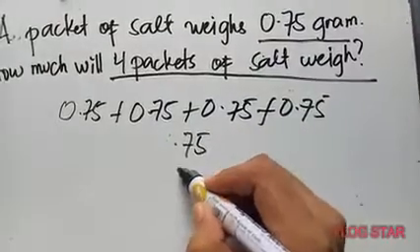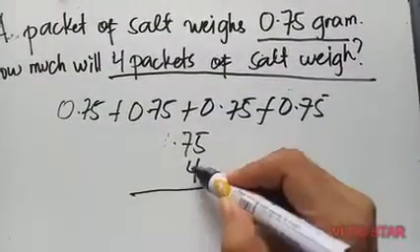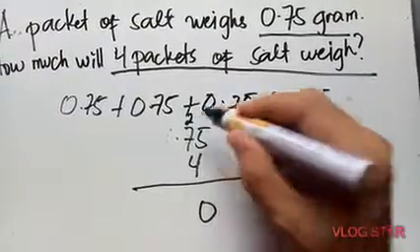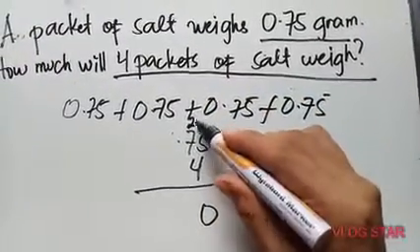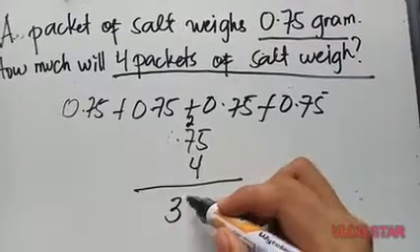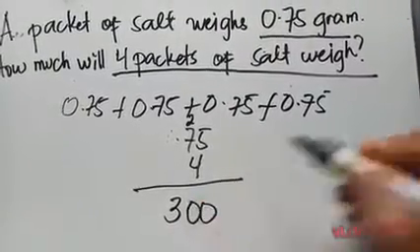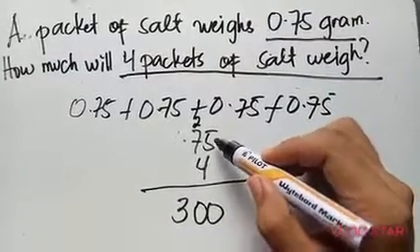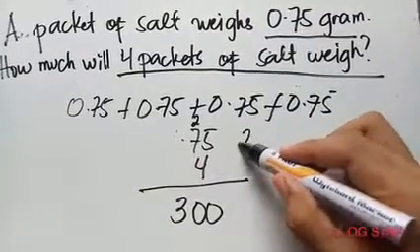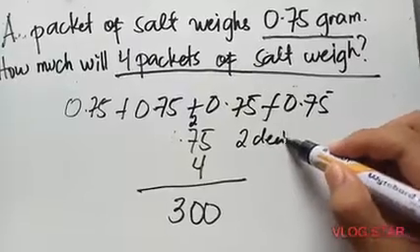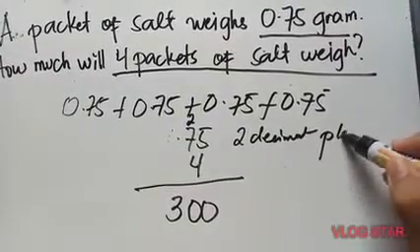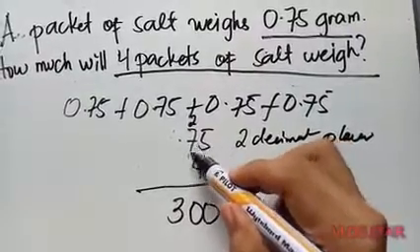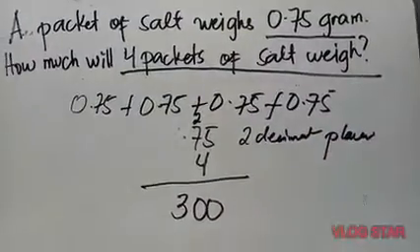0.75 times 4. 4 times 5 is 20, carry 2. 4 times 7 is 28, plus 2 is 30. Okay. Then after that, count the decimal places. In 75 we have 2 decimal places. In 4, no decimal place.